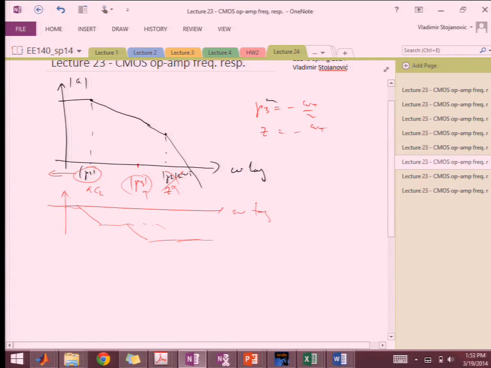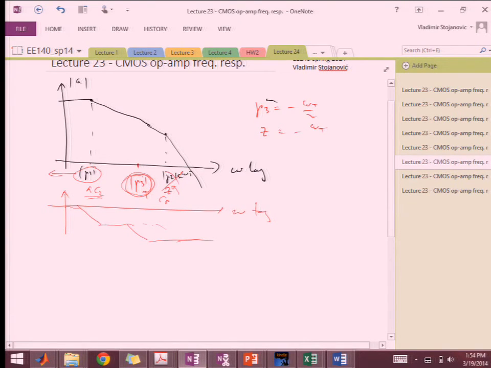This one is sort of CP dominant, right? So I can move this one independent of pole 3 or pole 2. And in that case, all the phase margin is now with respect to P3.